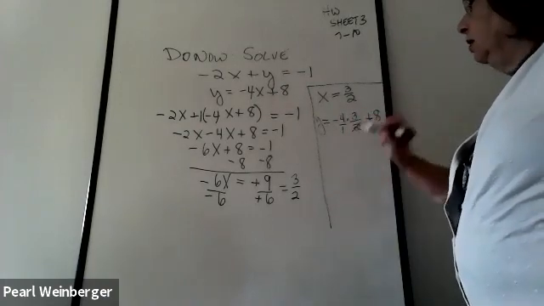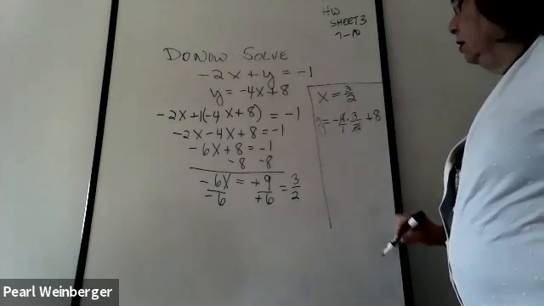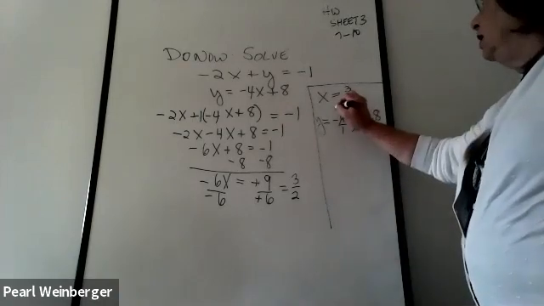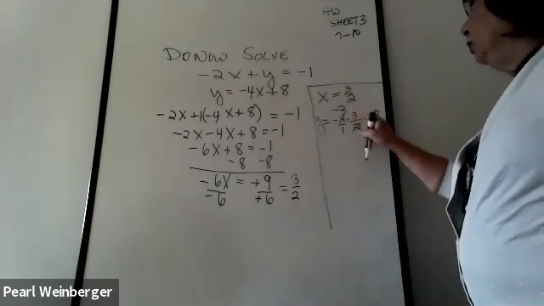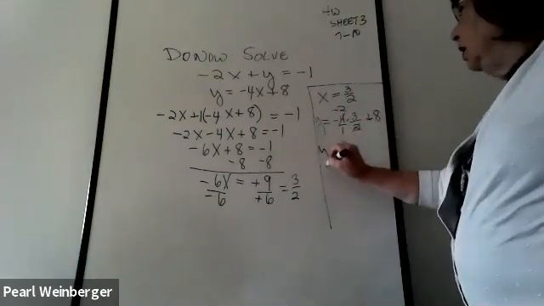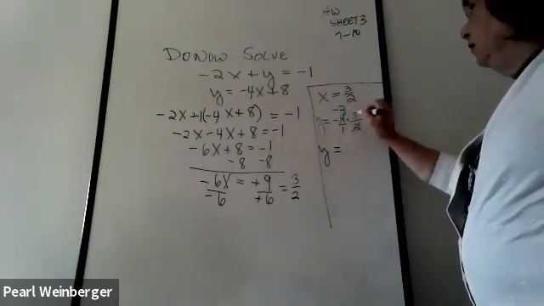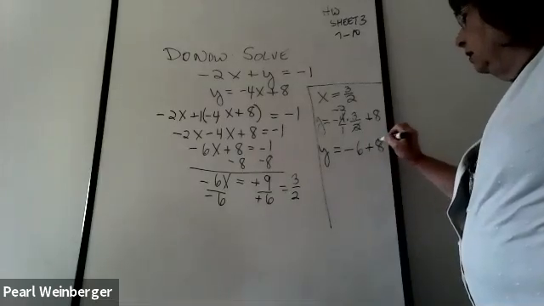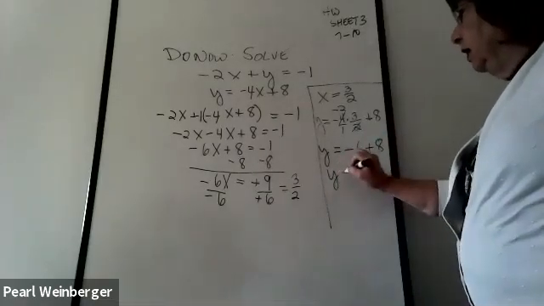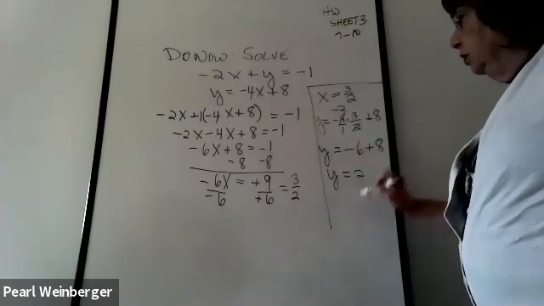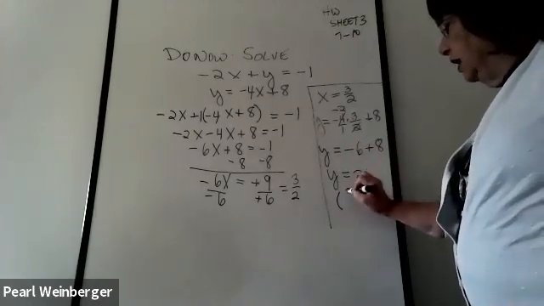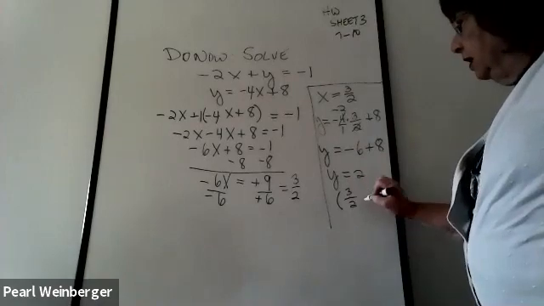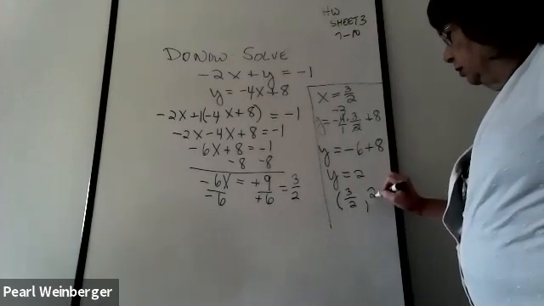If you do it like this, you're going to get negative 2 and 3. This will give you y equals negative 2 times 3, which is negative 6 plus 8. And when you combine those, you get 2. So your solution is x is 3/2 and your y is 2.